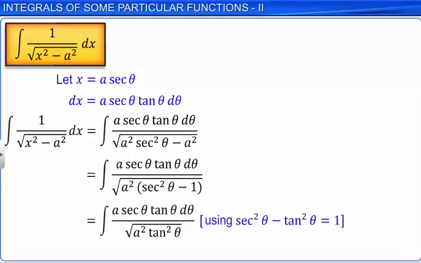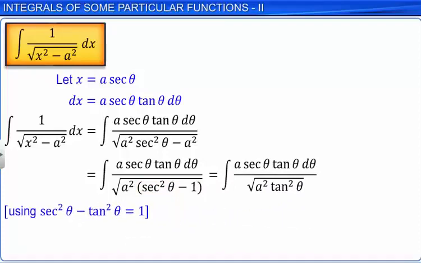Using the identity secant square theta minus tan square theta is equal to 1, secant square theta minus 1 in the denominator can be represented as tan square theta. So the integrand further reduces to a secant theta tan theta whole divided by a tan theta.